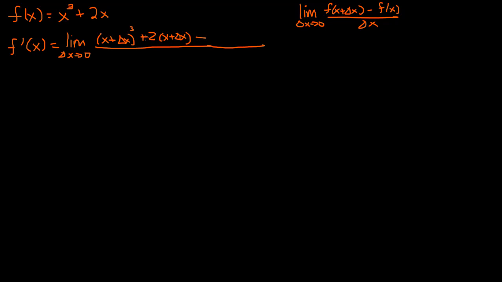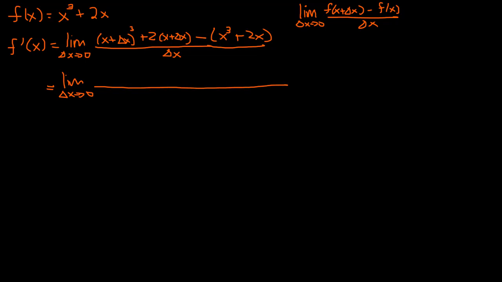So that's f at x plus delta x minus f of x, so x cubed plus 2x, all over delta x. Now I'm going to have to expand that numerator and simplify because I can't use direct substitution immediately. If I try to use direct substitution, I'm going to get a 0 in the denominator, which is no good.